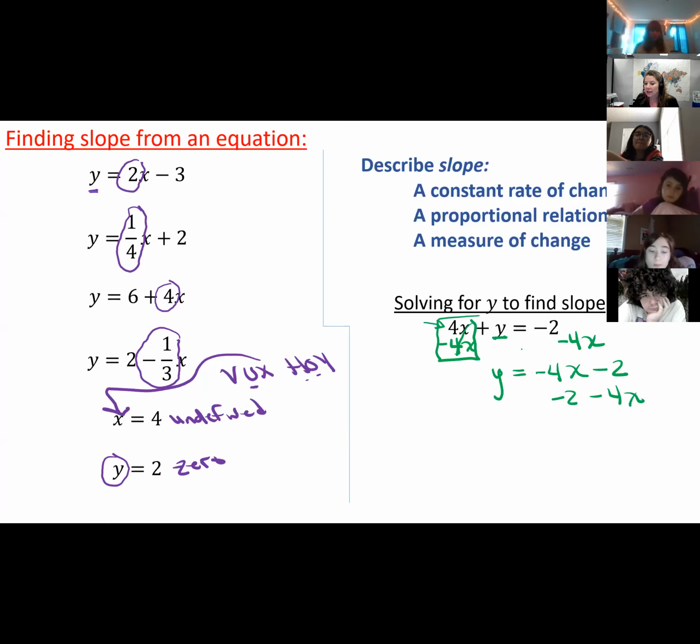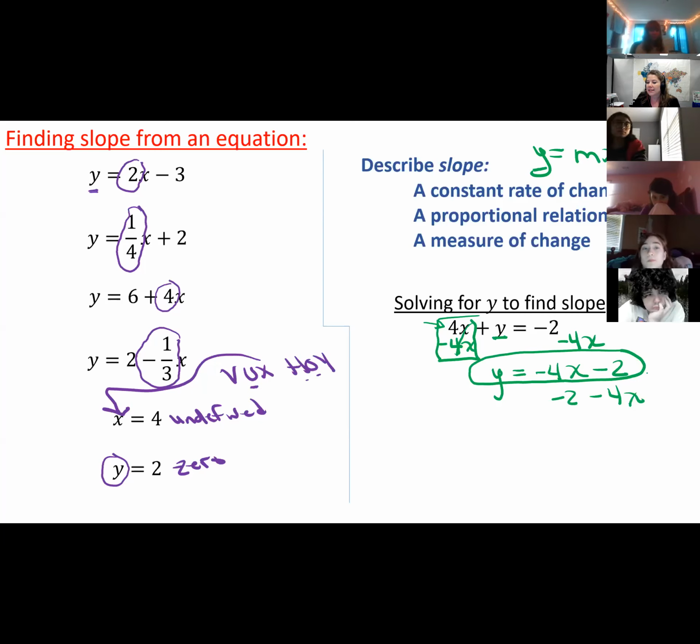But we're going to start getting used to writing equations in this form. When we start graphing, we're going to want it to say y equals something times x plus or minus a number. So that's why I always write my x first. But the second means the same as what I just wrote.